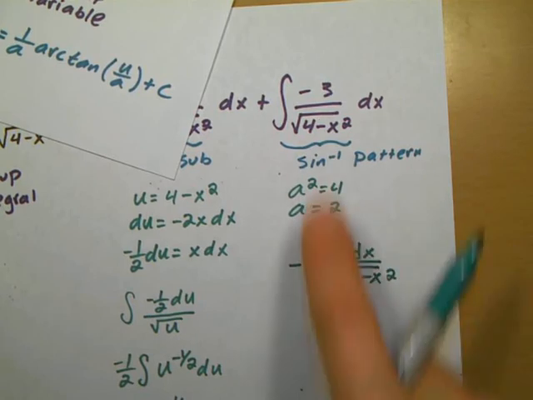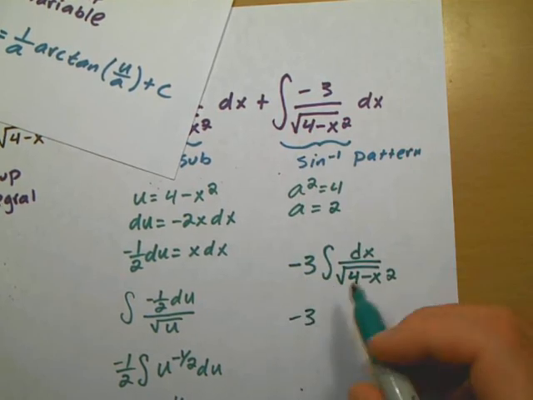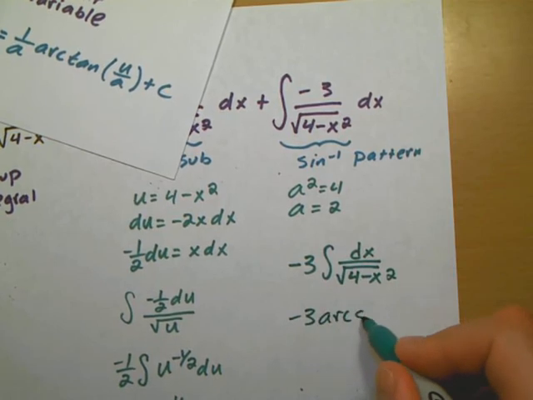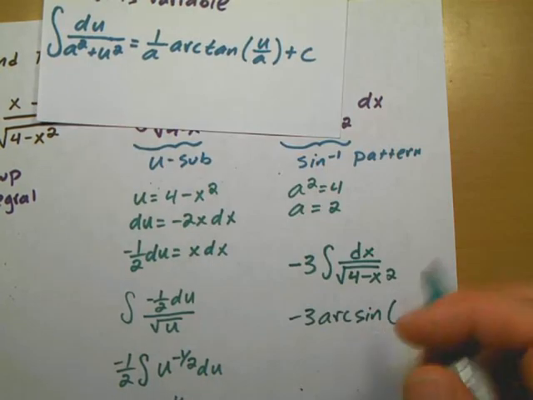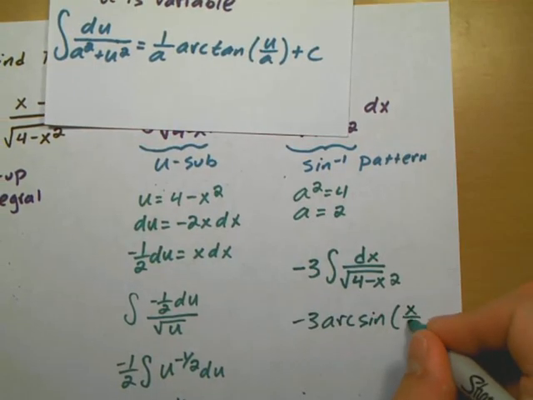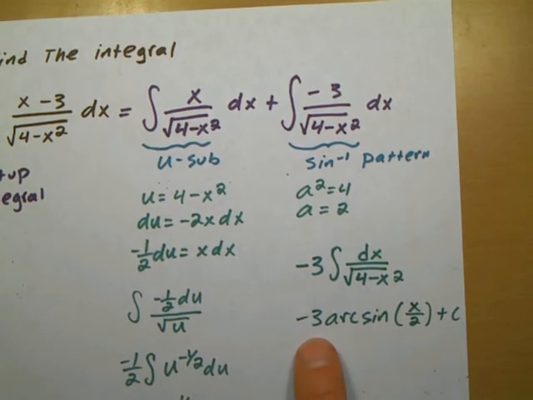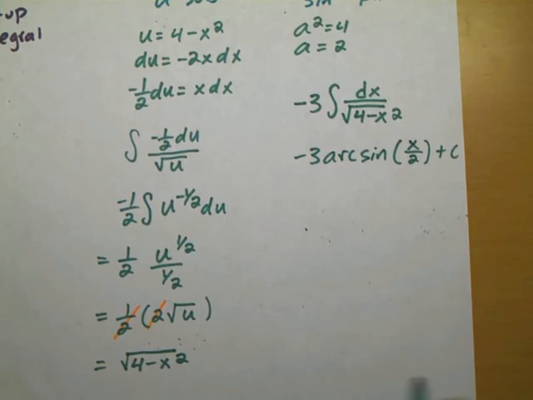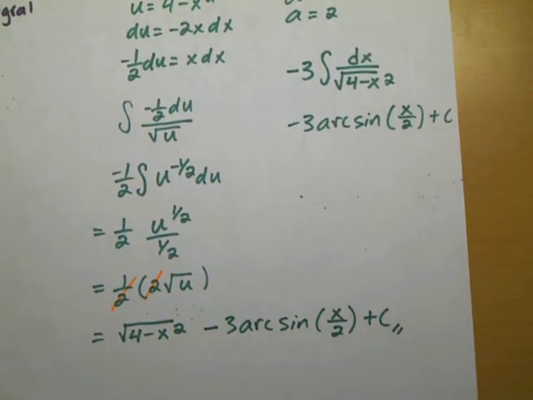This negative 3 is a constant I factored out, and so this just becomes negative 3 arcsine of u over a, in this case x over 2, plus c. I can combine this integral with what I had previously for my final answer. So it's going to be this one, minus 3 arcsine of x over 2, plus c, and that's my final answer.